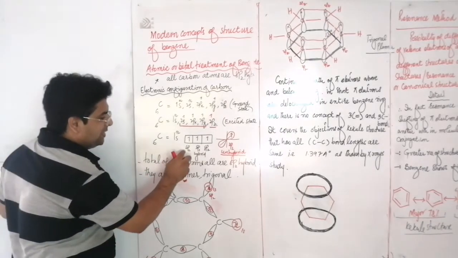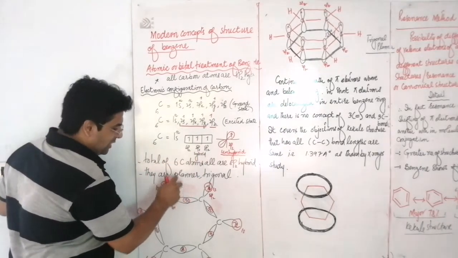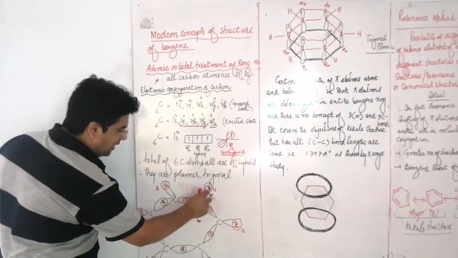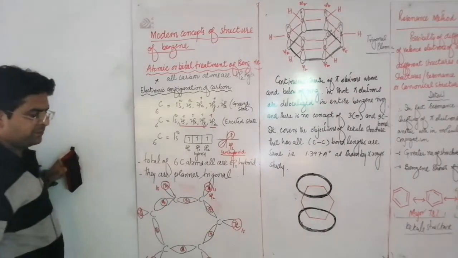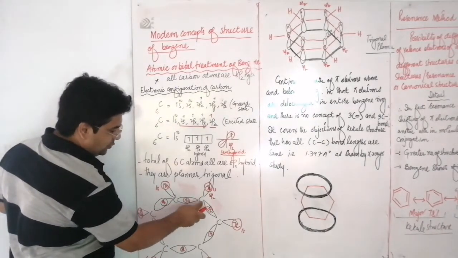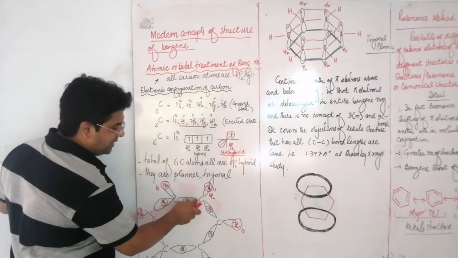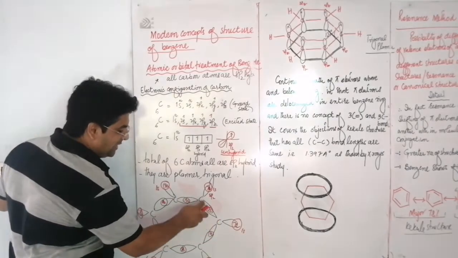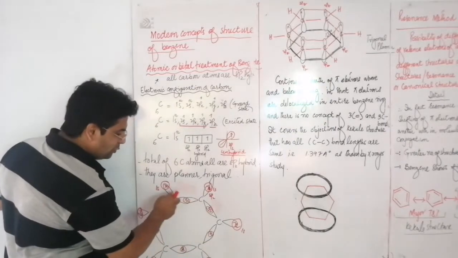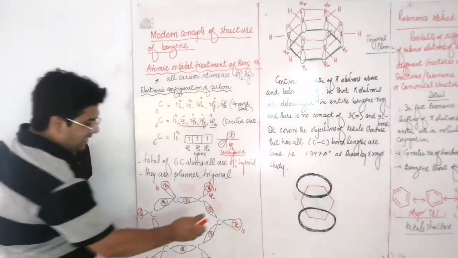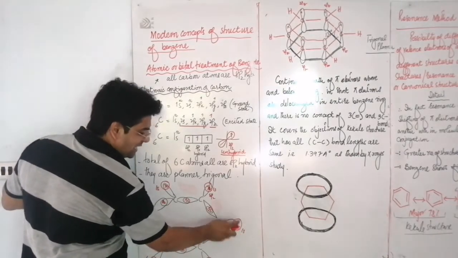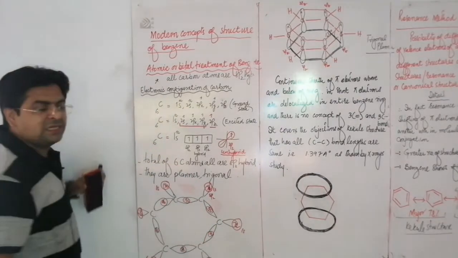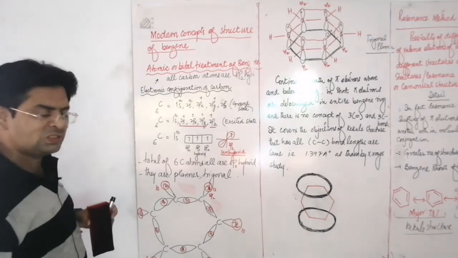In sp2 hybridization all carbon atoms are triangular planar. Two of the three sp2 hybrids make sigma bonds with other carbon atoms to produce the cyclic ring, and one sp2 of each carbon atom overlaps with the 1s of a hydrogen atom to produce a sigma bond.